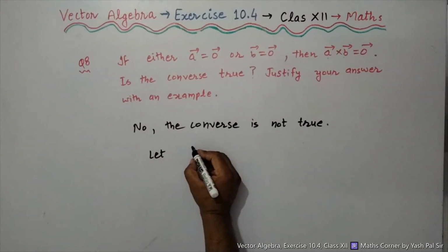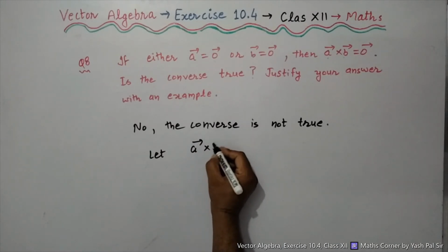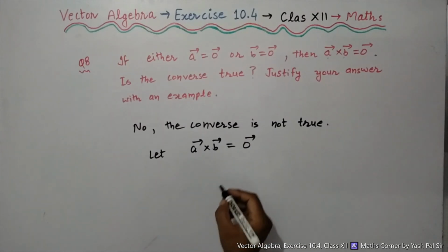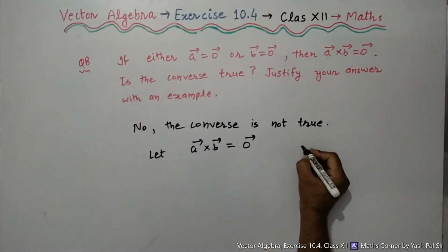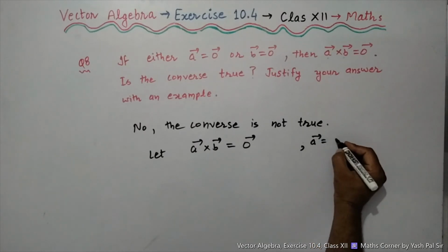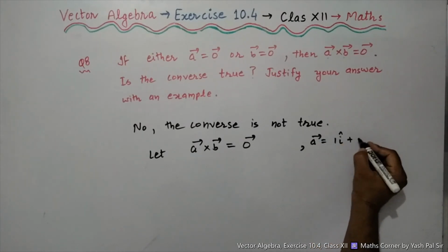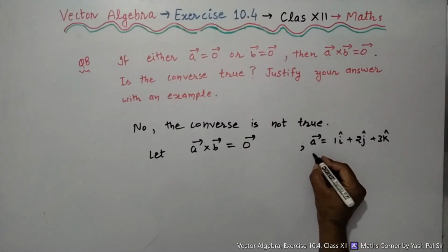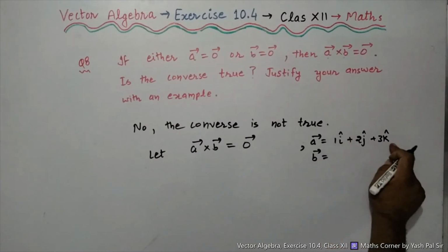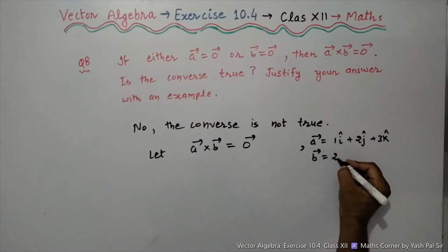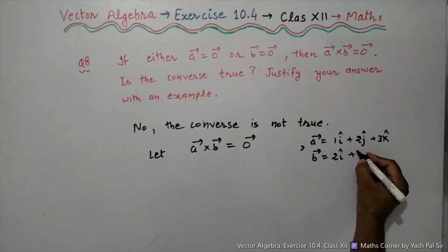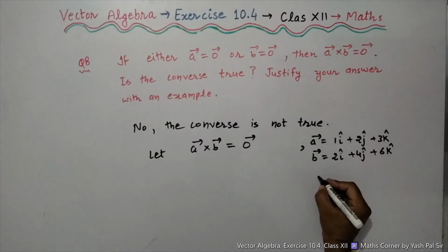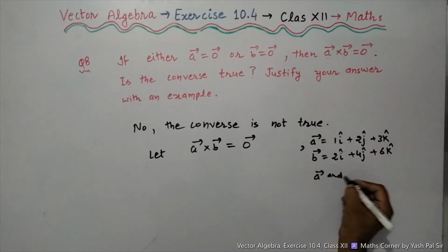Let us take one example. Suppose vector A cross vector B is equal to 0 vector, right? That is, if we take vector A is equal to 1i plus 2j plus 3k, and vector B multiplying each component with 2, this becomes 2i plus 4j plus 6k.